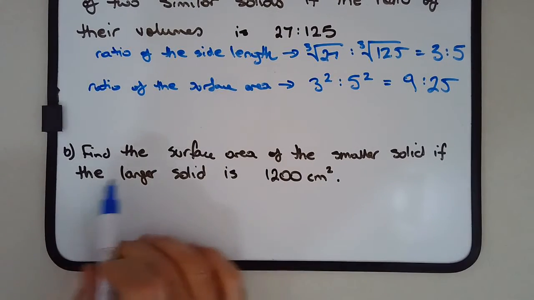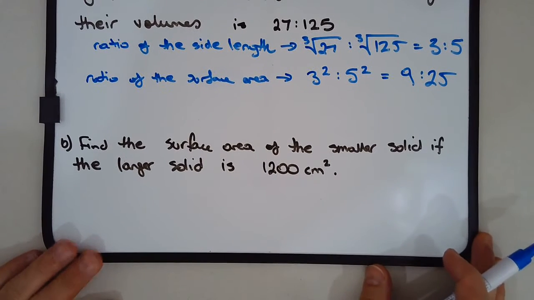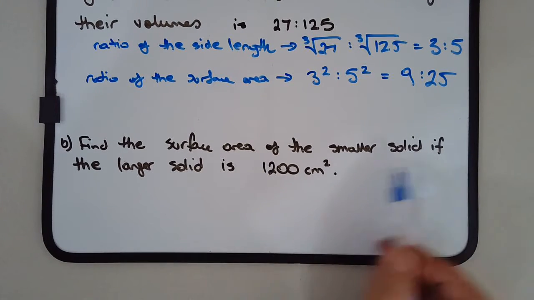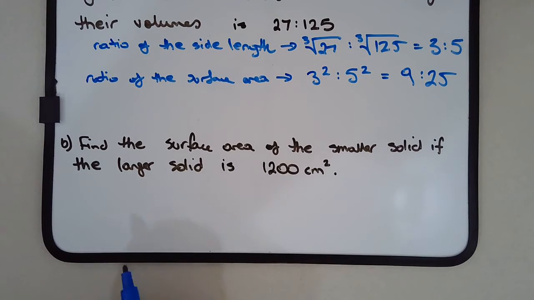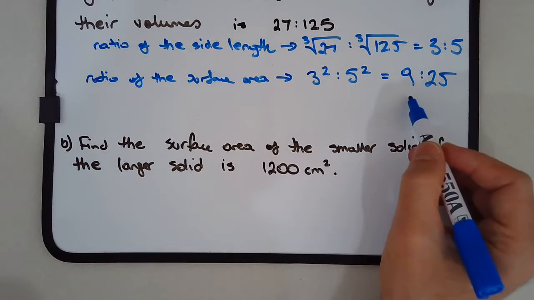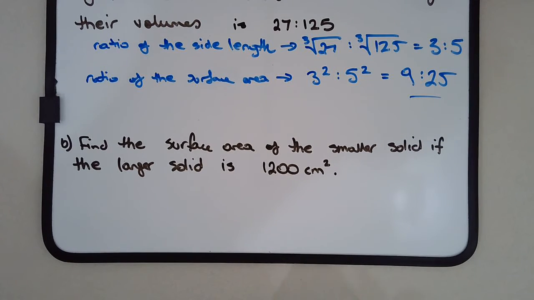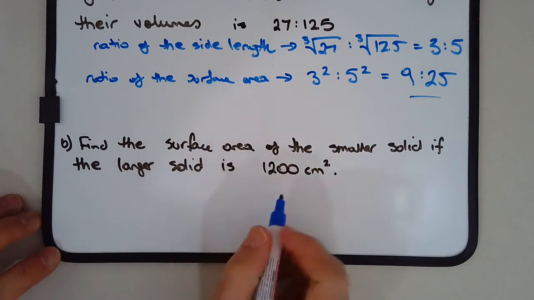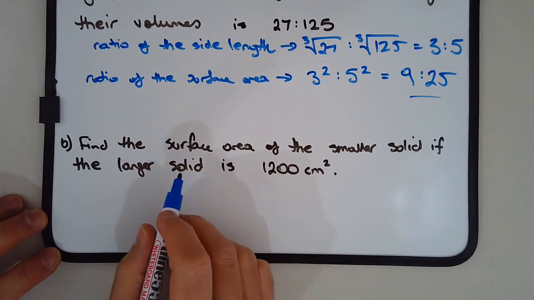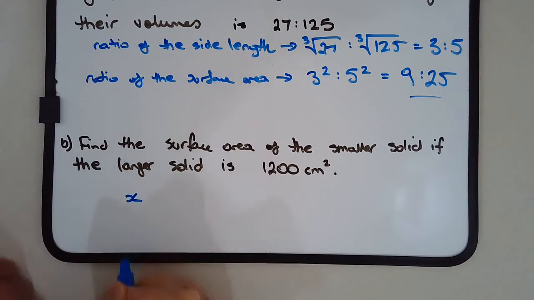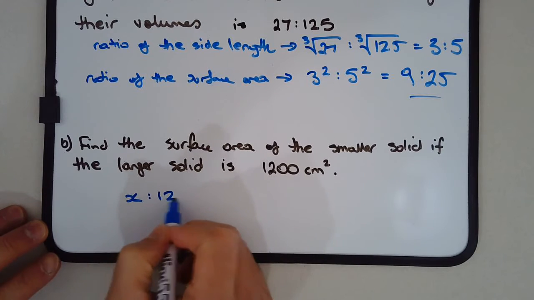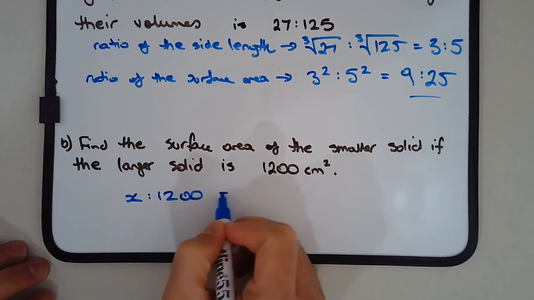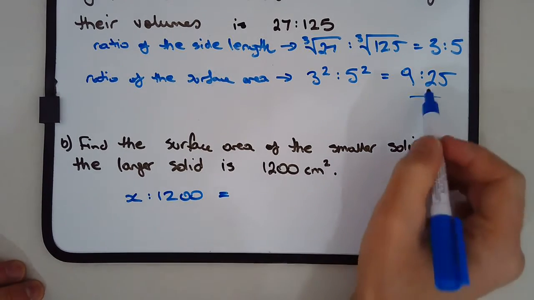So part B, find the surface area of the smaller solid if the larger solid is 1,200 square centimeters. So we're just going to use our previous answer from part A. Okay, so we want the smaller solid, so let's call it, say, X, to 1,200 is equal to this ratio here.